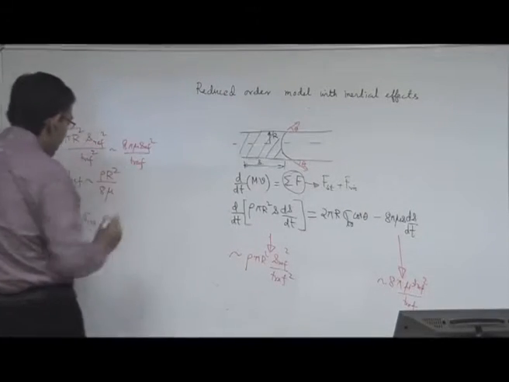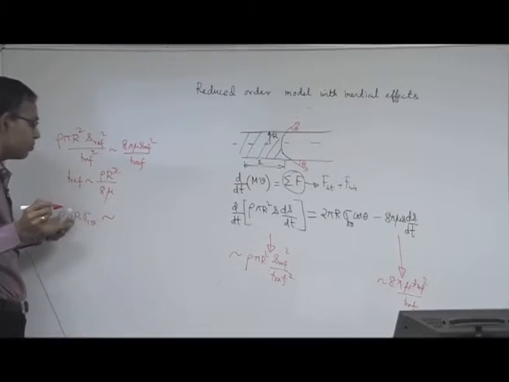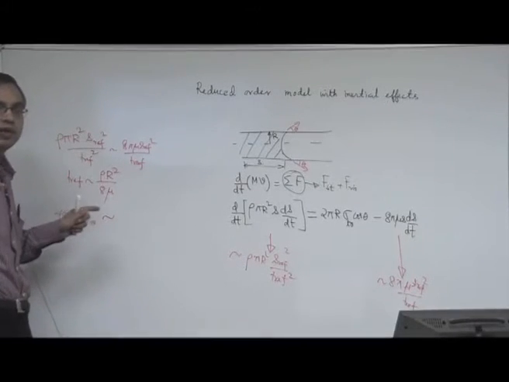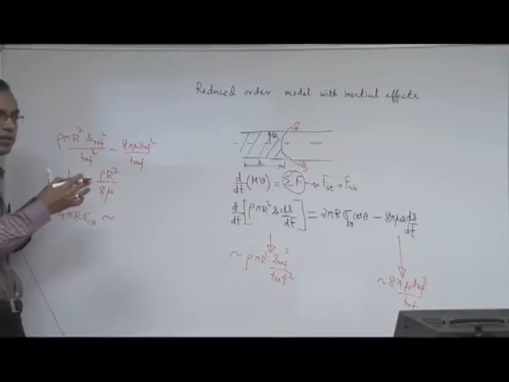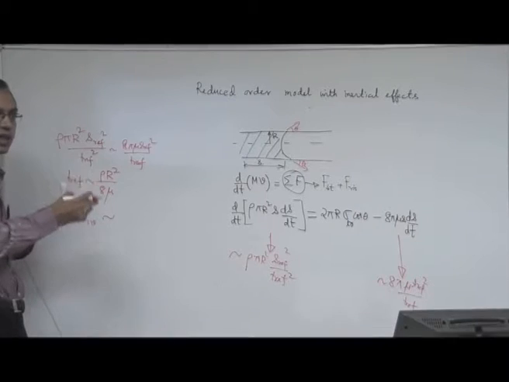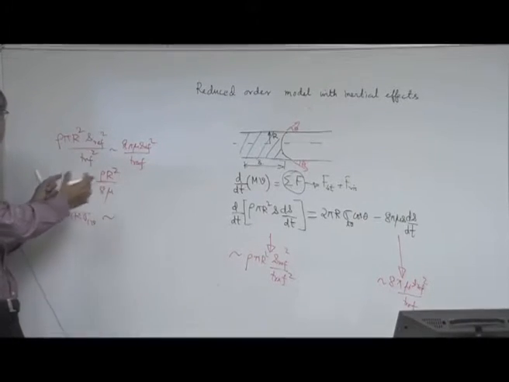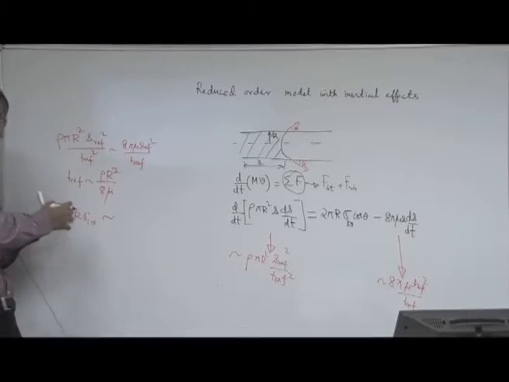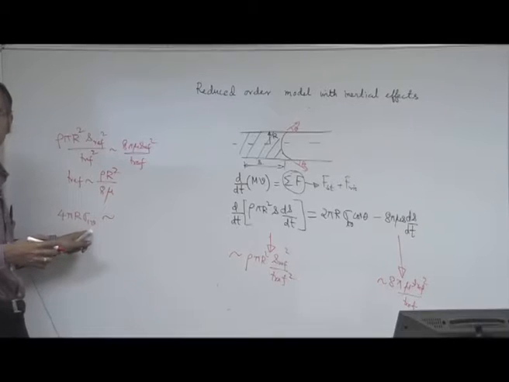I am repeating again and again, these 4 pi and all those things are actually not important for scaling, but here we are trying to do it not merely for the sake of scaling, but for the sake of non-dimensionalization with cleaning up of the coefficients, and that is why we are accommodating the coefficients in these expressions. So far as scaling is concerned, it is simply R sigma LV.